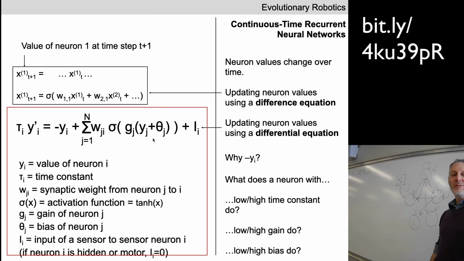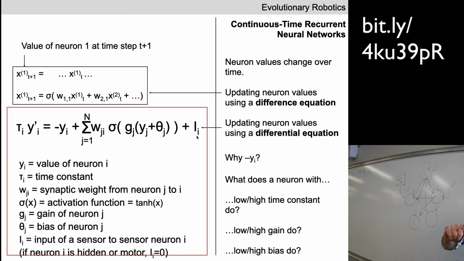Each of those 5 differential equations has exactly the same mathematical form, this form, but each of them may have different values of tau, w, g, theta, and possibly I sub I. So far, so good? Okay, we're missing one last detail if we want a CTRNN to control a robot.